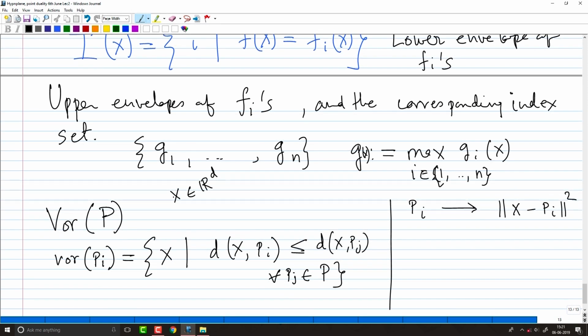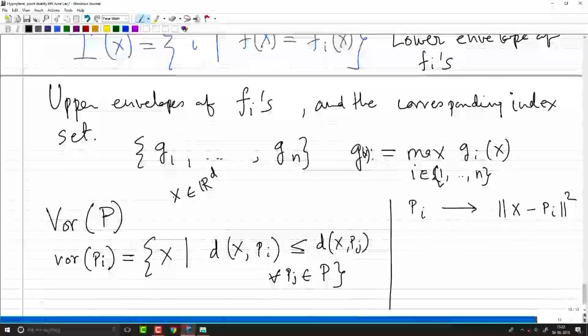If your data structure can answer this question, you are basically storing somehow a Voronoi diagram, right? Given any point, I can tell you what are the Voronoi cells where this point lies. So, what am I storing basically? I am storing the Voronoi decomposition of the plane using the point set P.